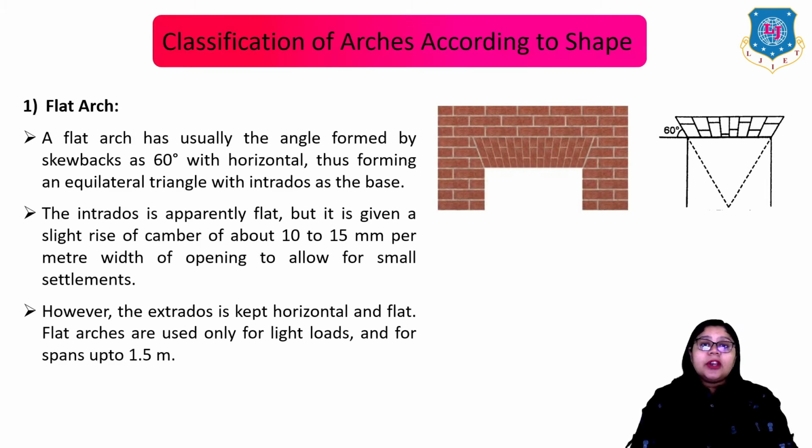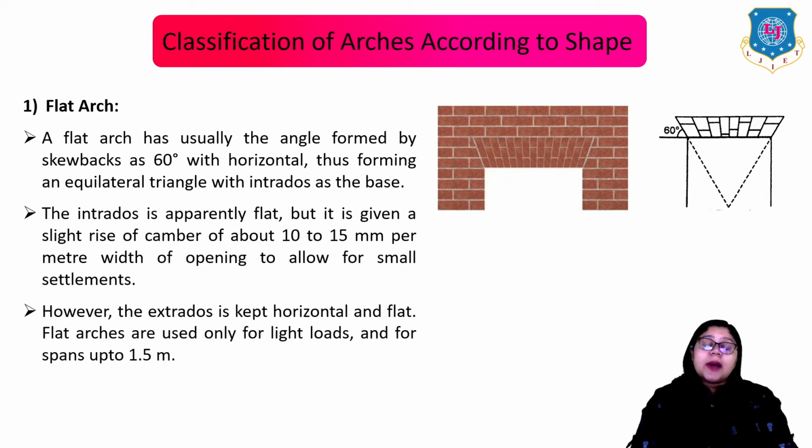So here, let us talk about first the classification of arches according to shape, where the first is the flat arch. A flat arch usually has the angle formed by skew backs at 60 degrees with horizontal, thus forming an equilateral triangle with intrados as the base.